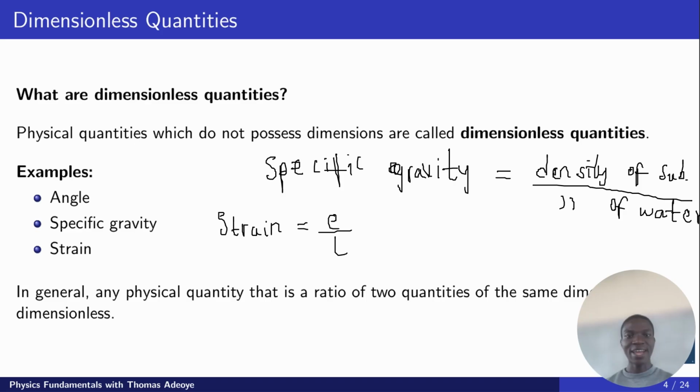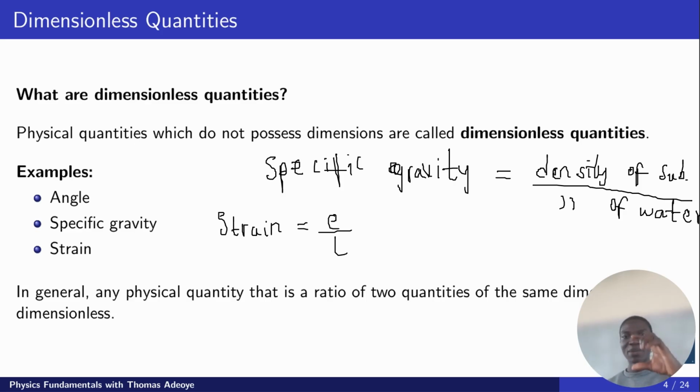If you have a physical quantity like strain, which is a ratio of two quantities with the same dimension, you can see that strain is given as the ratio of extension to original length, and these two quantities have the same dimension. The dimension of extension is capital L. The dimension of length is capital L.